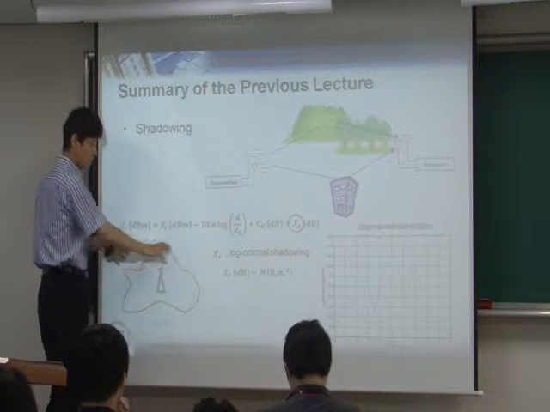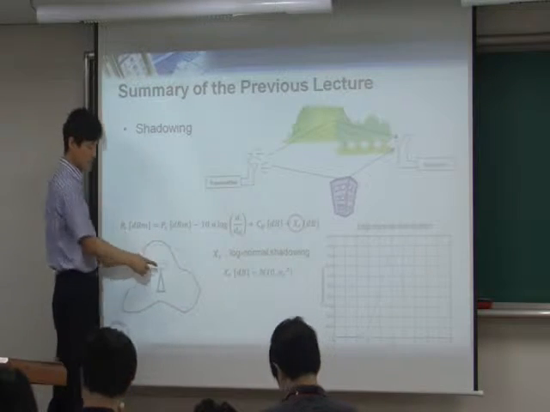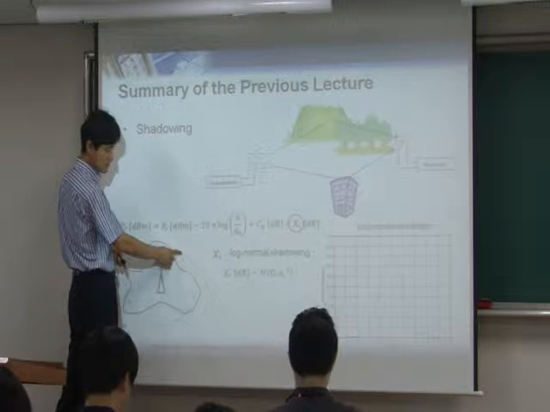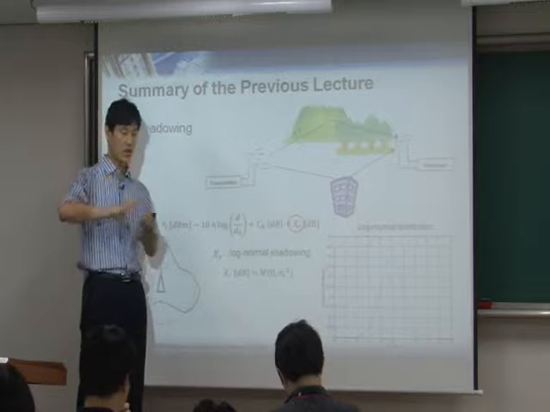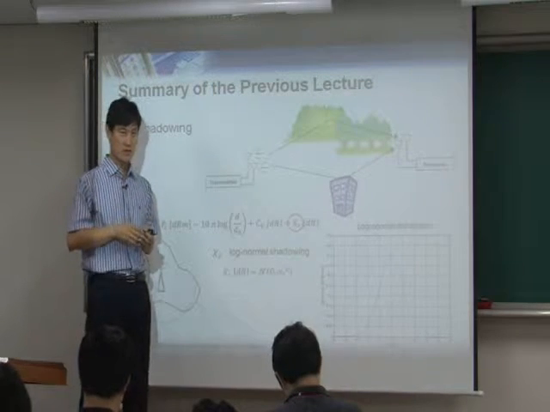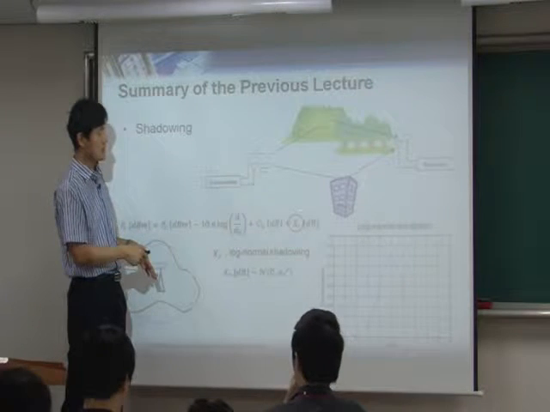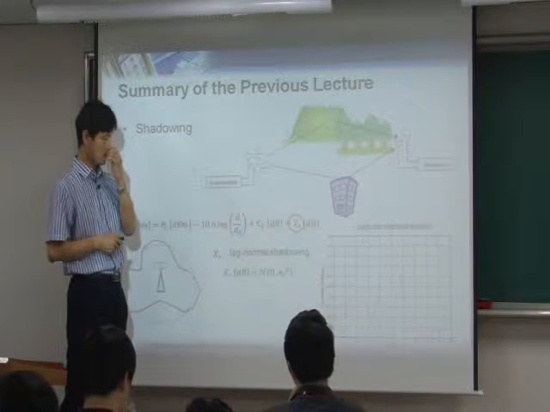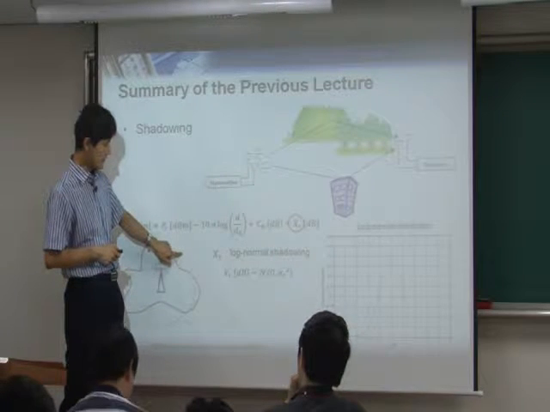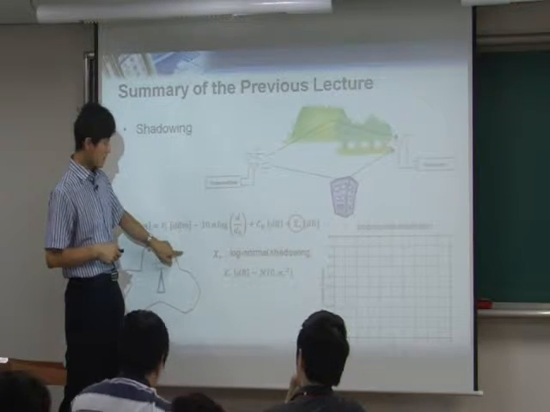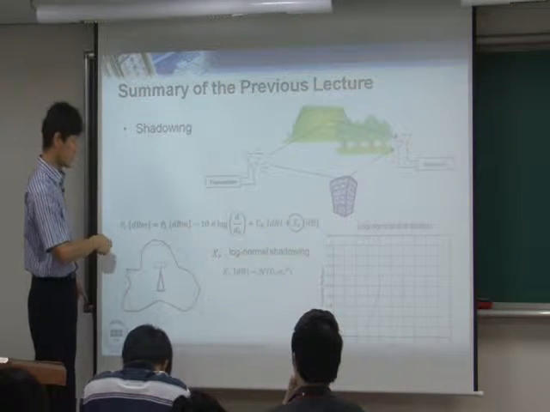But this is just instantaneous. This red shape basically changes. In other words, if you are staying here or anywhere in here, as time goes, your power is changing. It fluctuates, right? It's a random shape, but it's based on the Gaussian. For example, right here, your receive power on average is going to be this much.